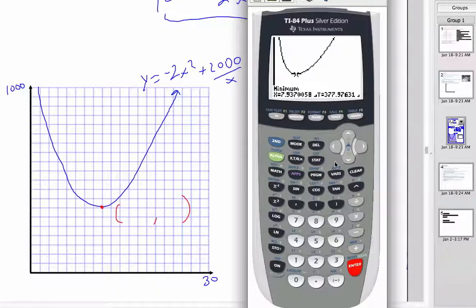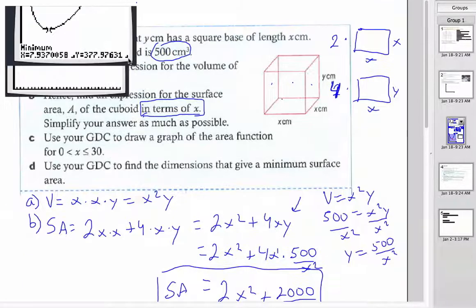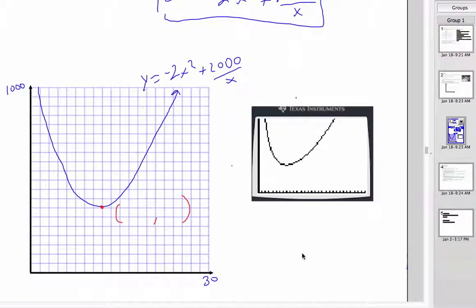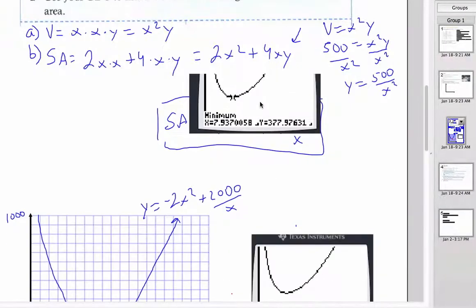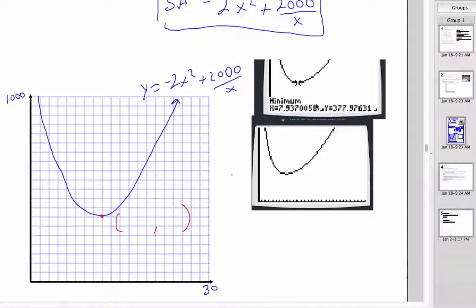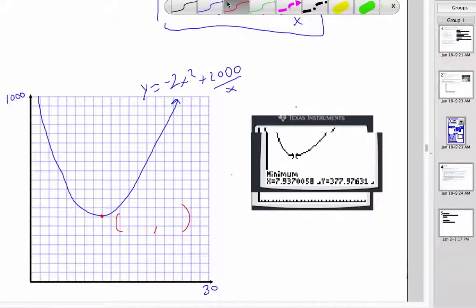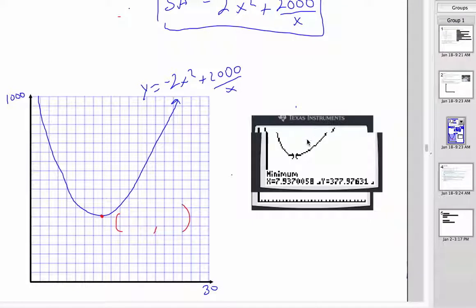And there we get the minimum here, which is 7.94 and 378.